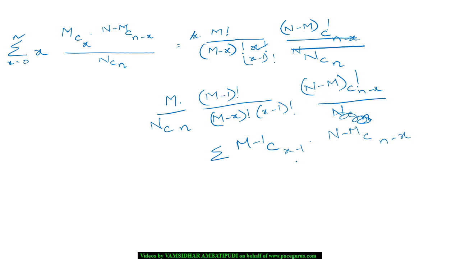Now if you are saying x minus 1 is some y, and if you are putting n minus 1, I'll take it as some m, n minus 1 I'll take it as m, x minus 1 I'll take it as some y.